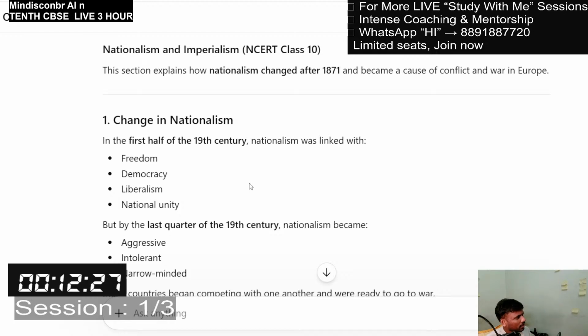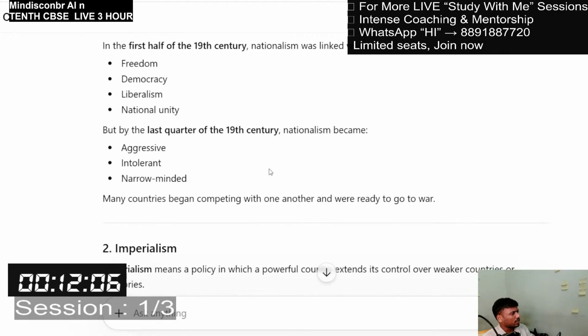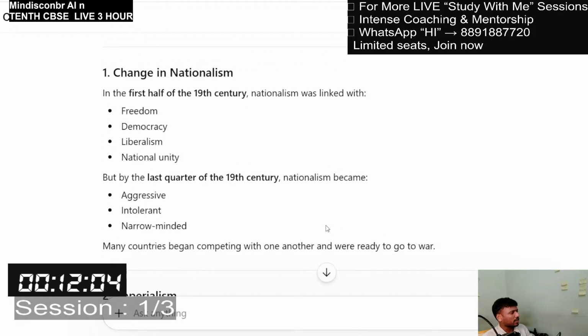In the first half of the 19th century, nationalism was linked with freedom, democracy, liberalism, and national unity. But by the last quarter of the 19th century, nationalism became aggressive, intolerant, and narrow minded. Many countries began competing with one another and were ready to go to war.